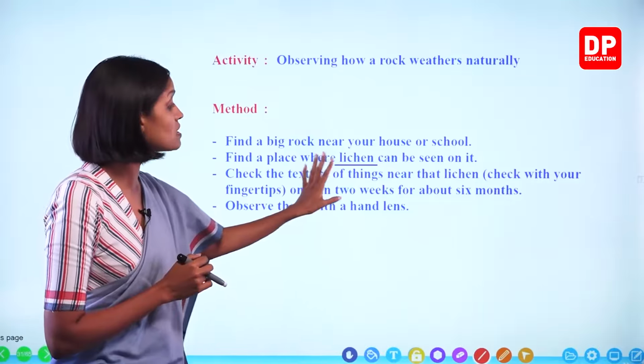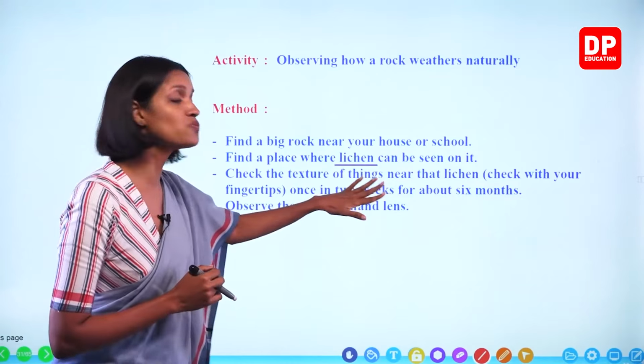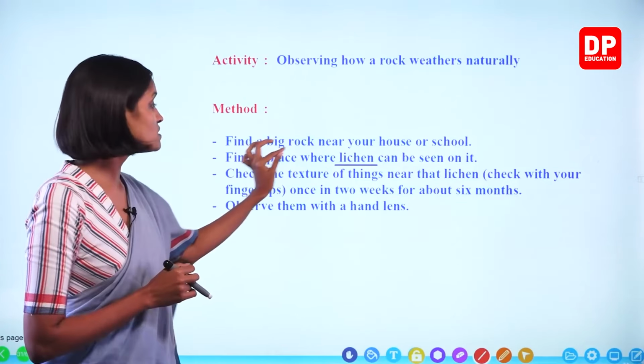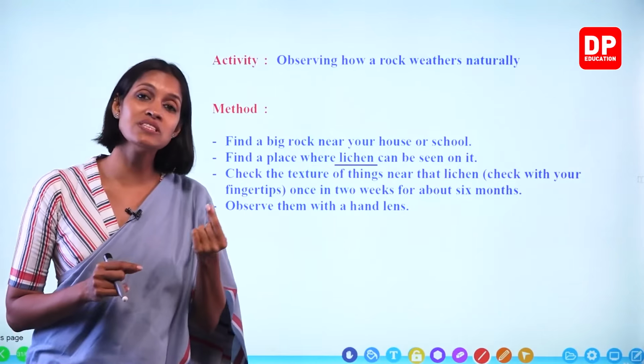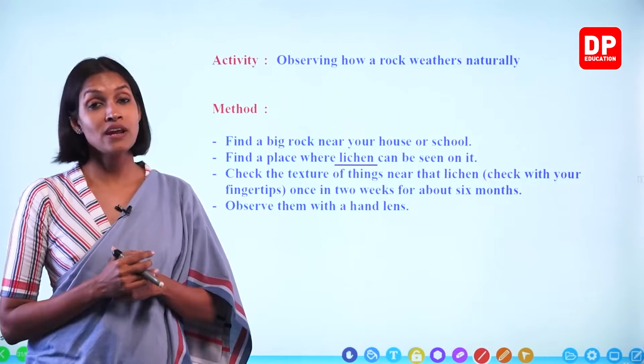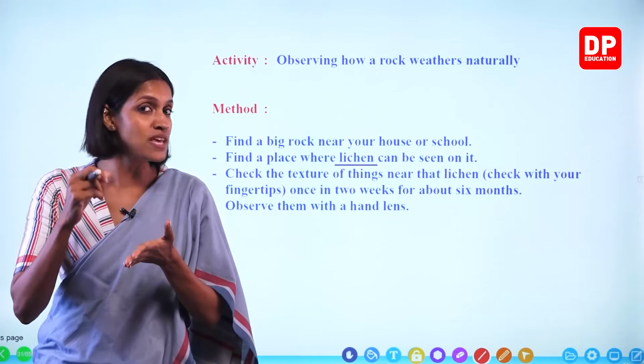When you observe this over a long period of about 6 months, you will realize that when you touch the area with your fingertips, you can feel sand particles. Along with time, you will observe more and more sand particles.